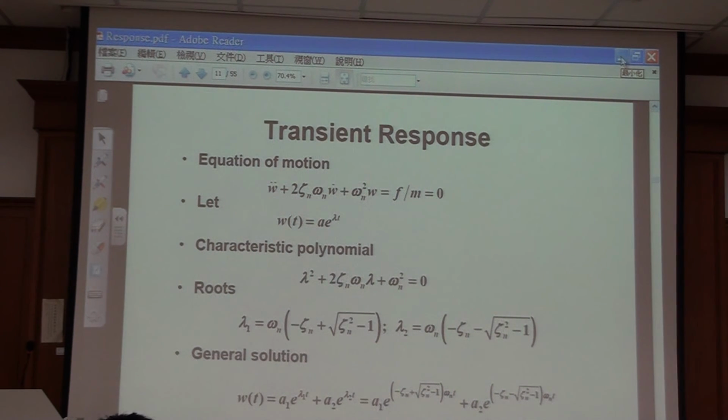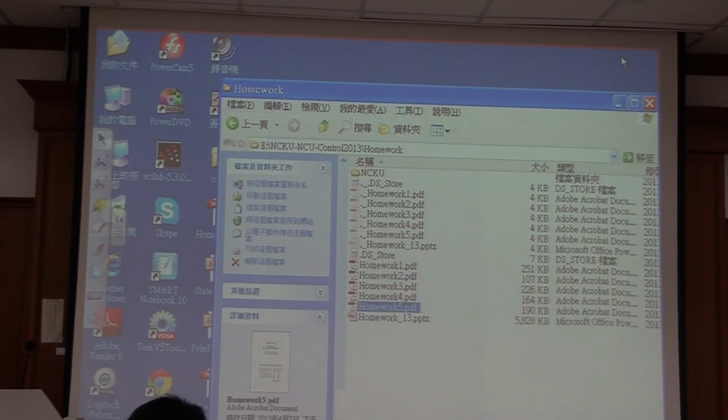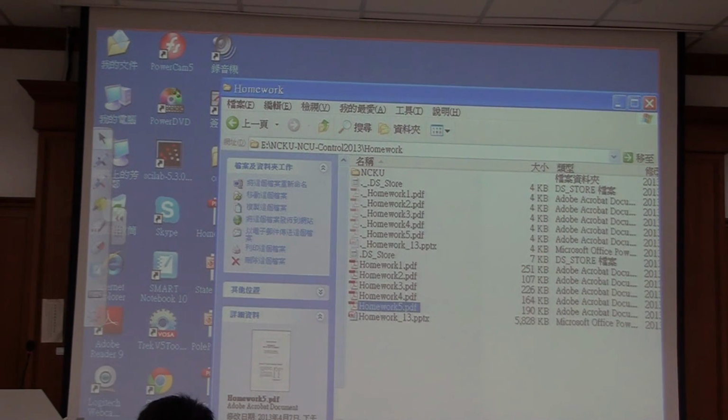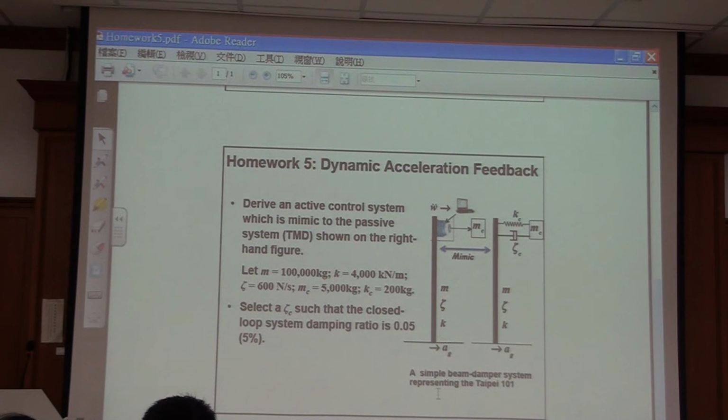I just try to have, you may not be able to achieve that. By the way, it's not always possible to do that. I'm asking to see if in homework number 5, can you do that? Select the zeta C such that the closed loop system damping ratio is 0.05 for both eigenvalues.